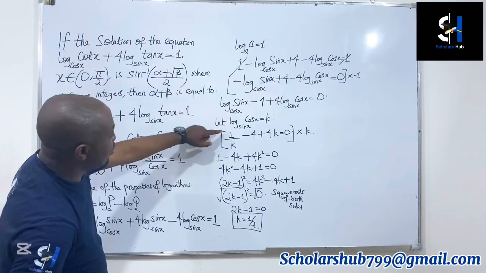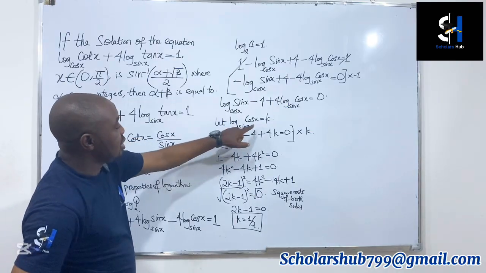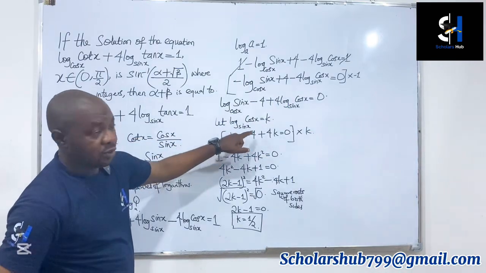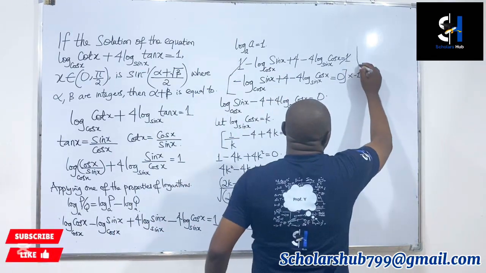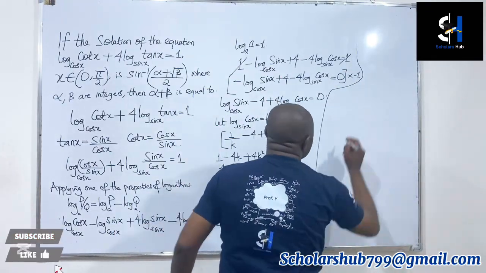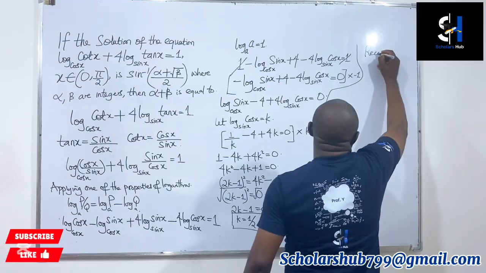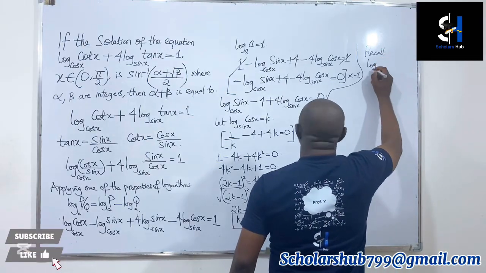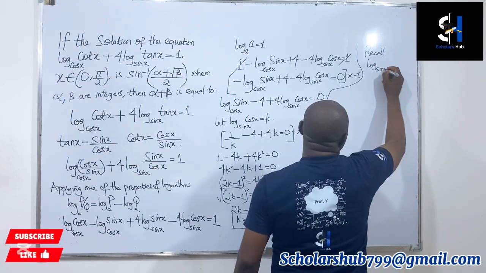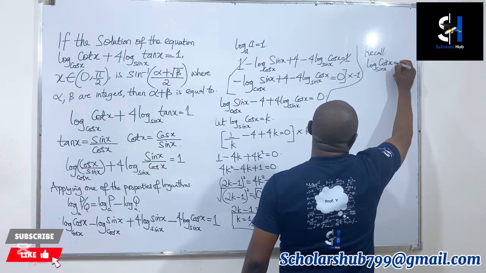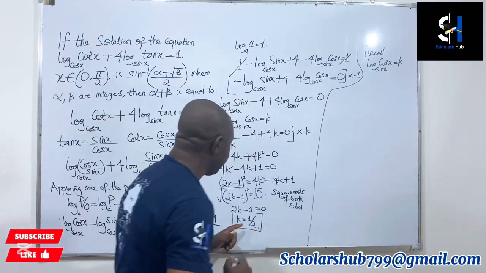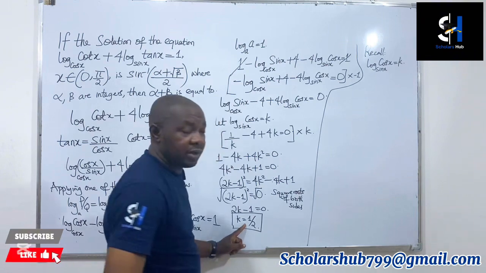Now we can recall, we know that k is equal to logarithm to base sine x of cos x. So recall that logarithm to base sine x of cos x is equal to k, and now we know that the value of k is 1 half.